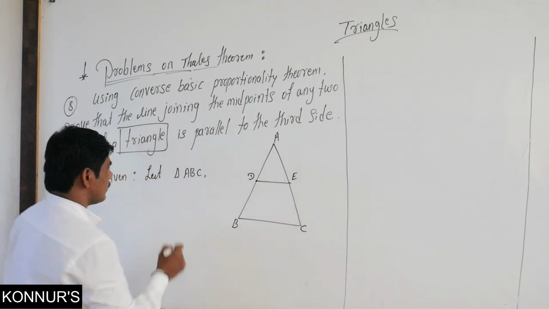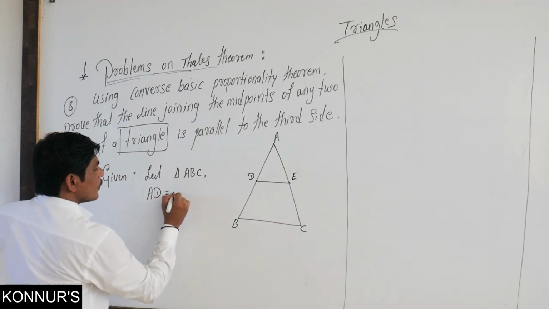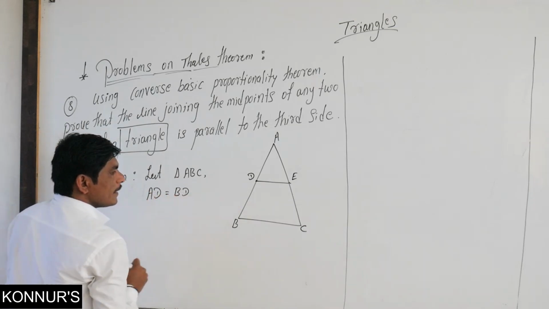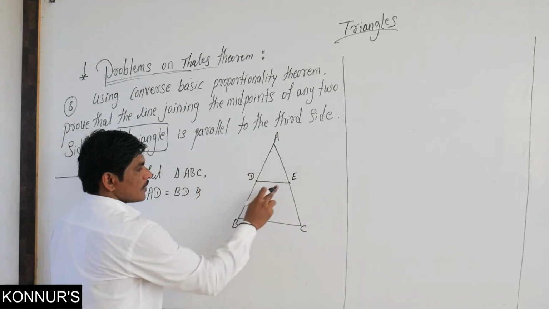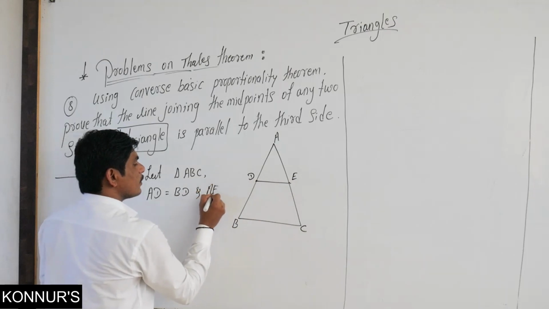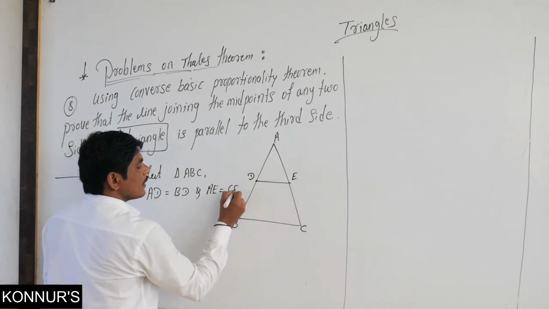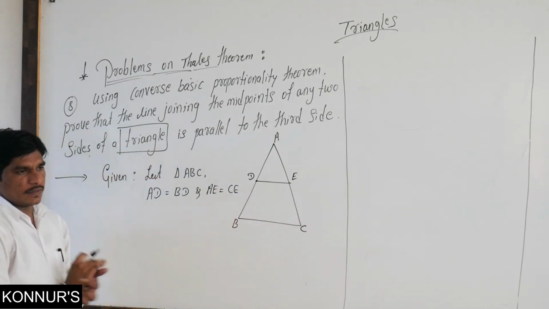These 2 points are given. Here AD is equal to BD because D is the midpoint of AB, and E is also the midpoint of AC. That's why you write AE is equal to CE. These 2 points are given.